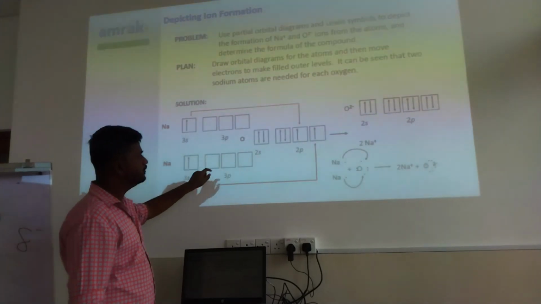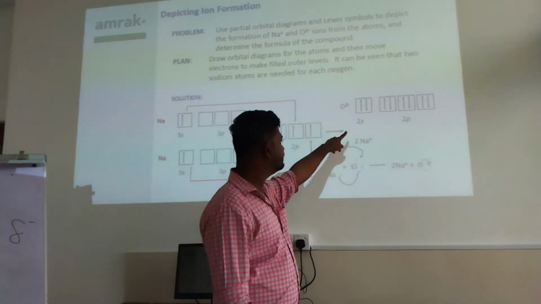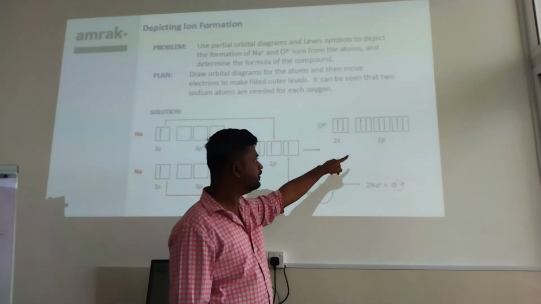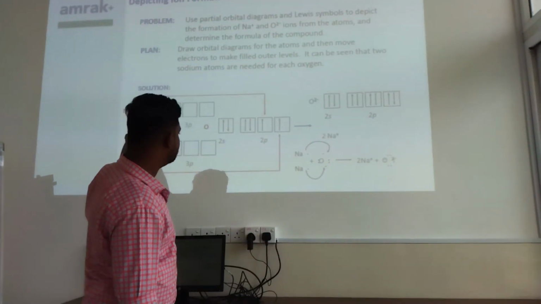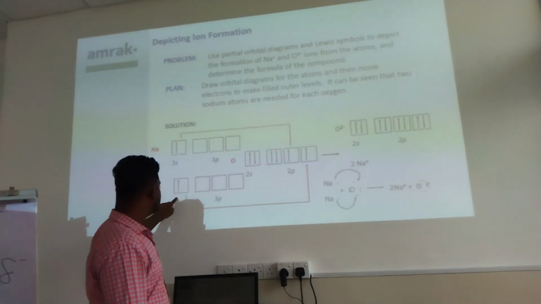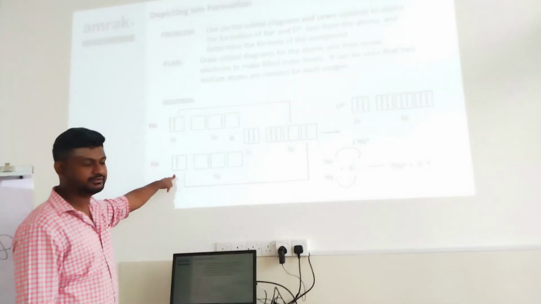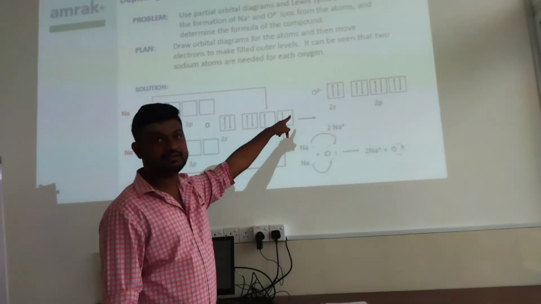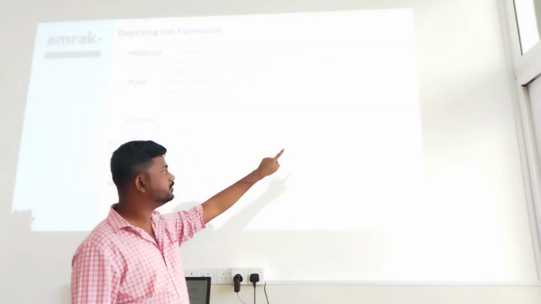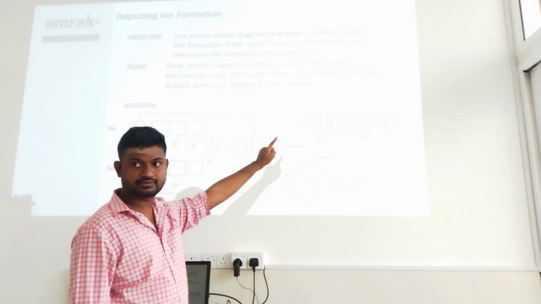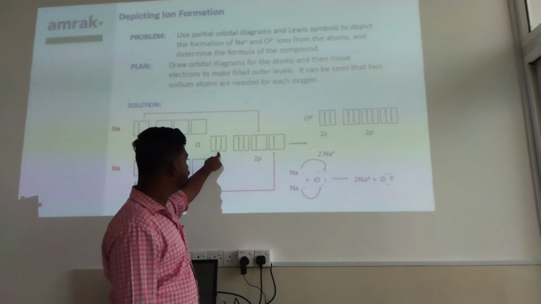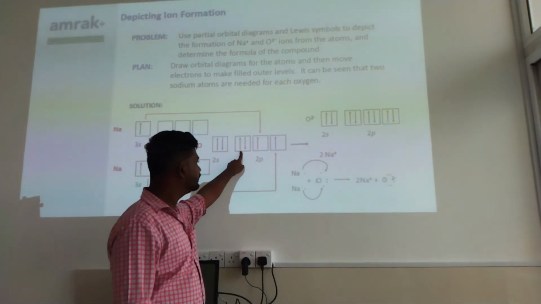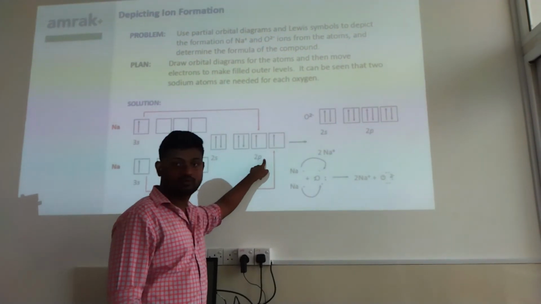Here you have 2s2, 2p6 for Na plus, meaning you remove 1 electron. O2 minus means 2s2, 2p6. Oxygen is 2s2, 2p4, right?